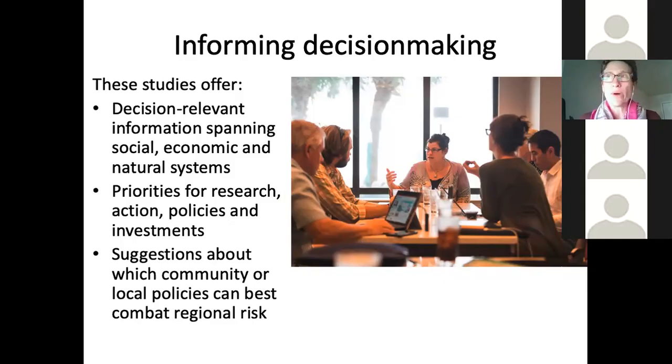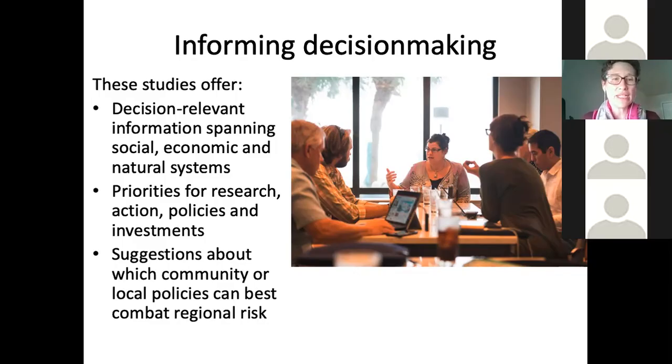These studies also offer priorities for research and action and investments and policy development. So in the US example that I showed before, we really could see that coastal nutrient runoff that contributed to algal overgrowth was a really important priority in some of the areas we looked at. And that's like a co-occurring factor making acidification worse.